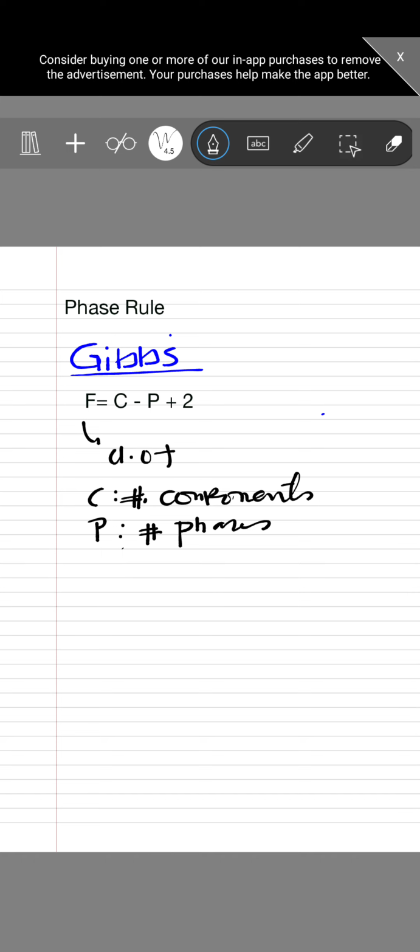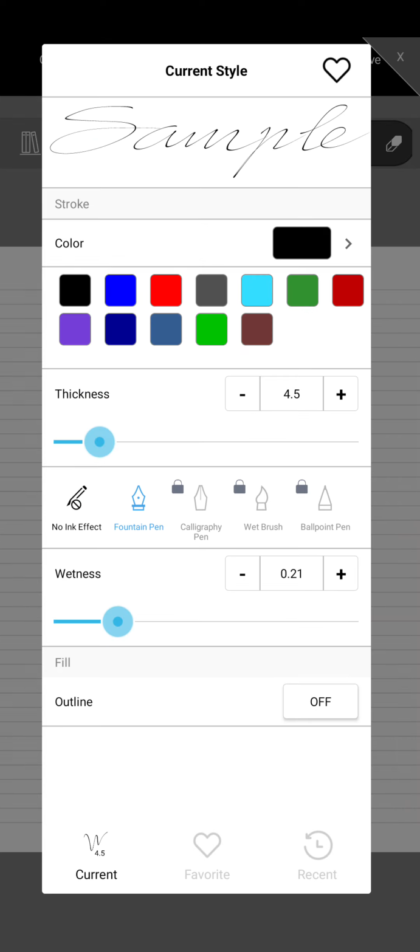Now we will take up each of the different parameters and try to understand them in more depth. When we talk about phase P, in the case of an iron carbon diagram, there is a phase called ferrite, there is pearlite, martensite, bainite, austenite, and so on. Each of them has a different crystallographic structure.